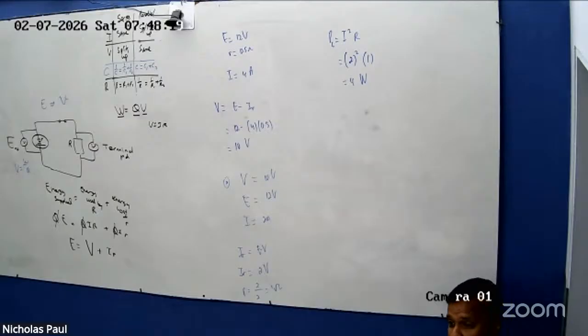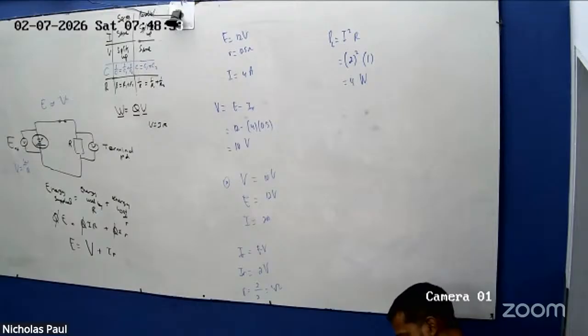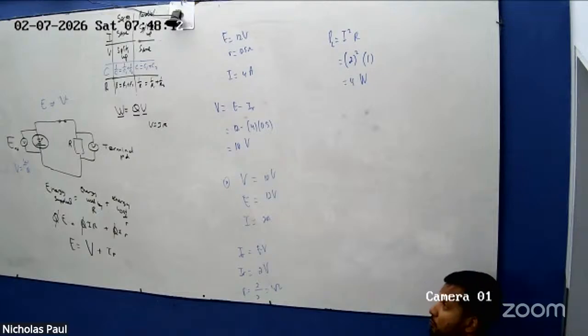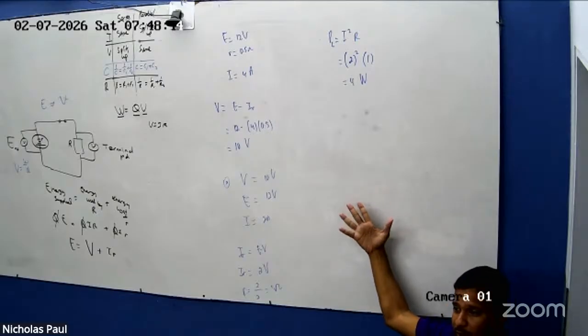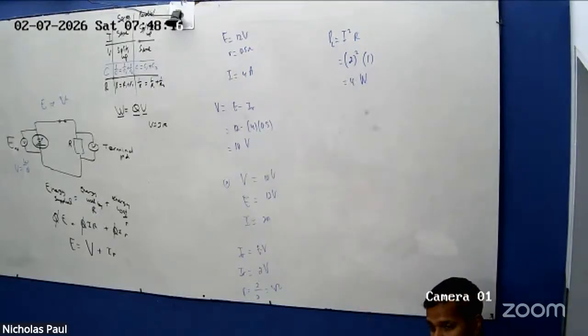Last question. Please write this one down and give me your answer. Ready? Any questions on this one? This one's simple, we're just manipulating the formula. Why is internal resistance undesirable?